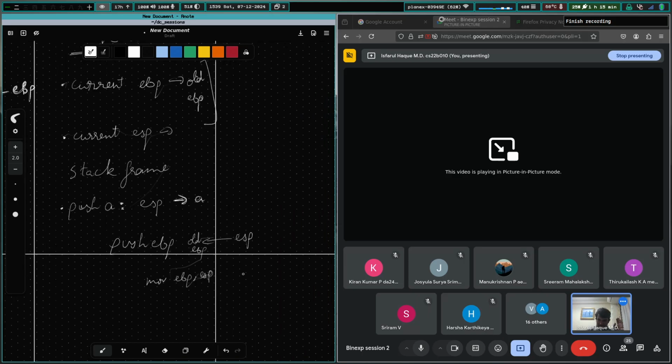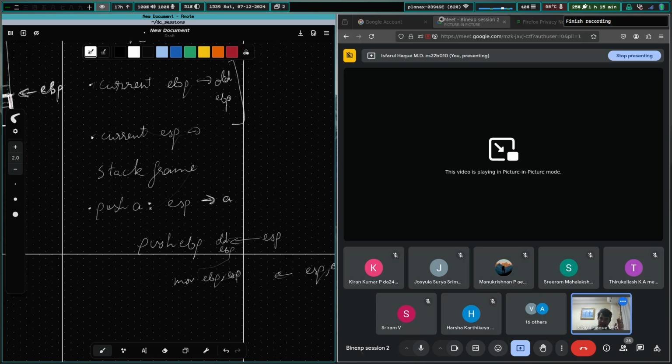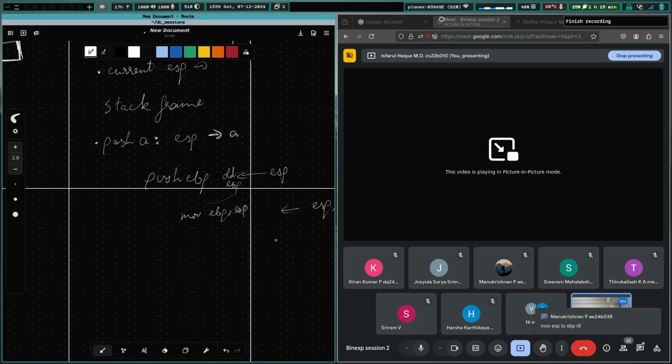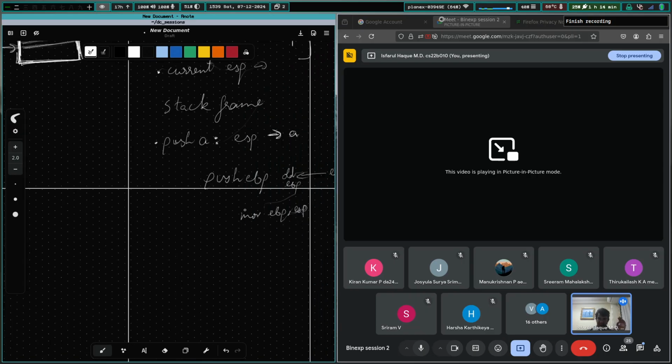So now both ESP and EBP point to this. And then you sub it. So now move ESP to EBP, right? No, once again, source to destination. This is during stack frame construction.